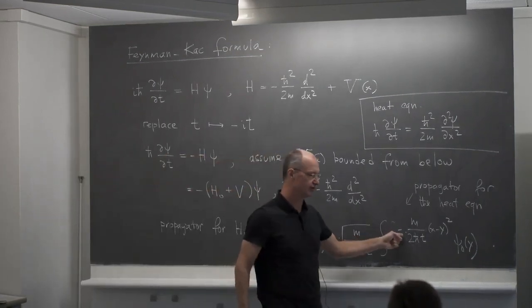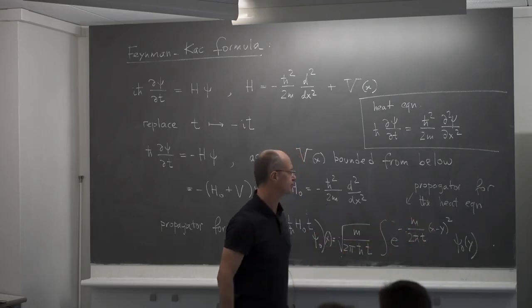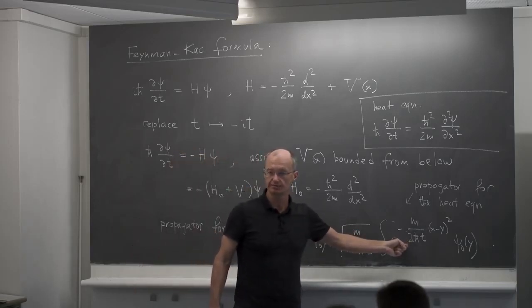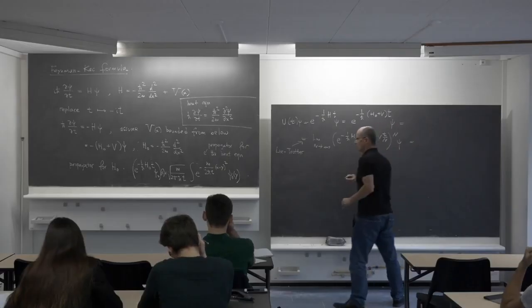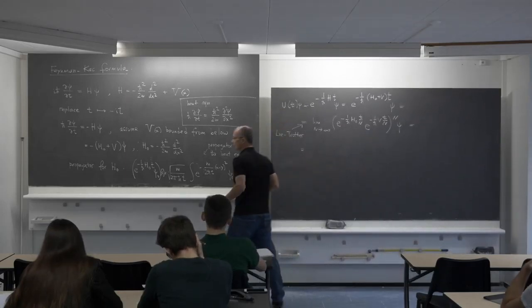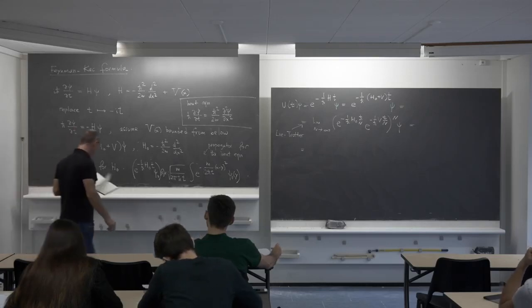As you see now, instead of oscillating, the exponential is falling very fast when x is different from y. So in some way, that's a much nicer kernel. And simply following the scheme that we had with the Feynman path integral, we can write it down.